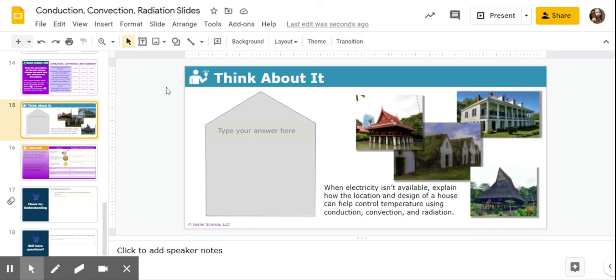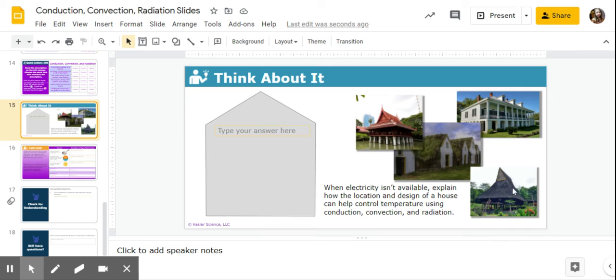This one, think about it. When electricity isn't available, explain how the location and design of a house can help control temperature using conduction, convection, or radiation. It's saying that where you build your house and how you design it would help control the temperature. What do you need to make sure so you don't get your house too hot and too cold when there's no electricity when you're designing your house?